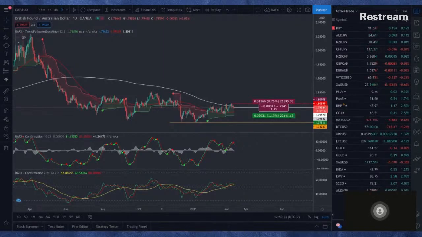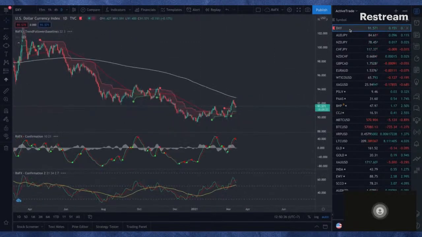So in our first agenda, we will look into the DXY, or the dollar index.